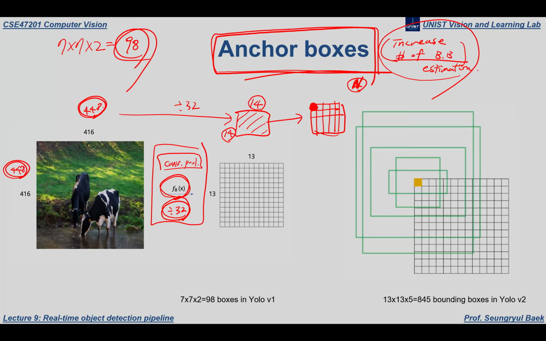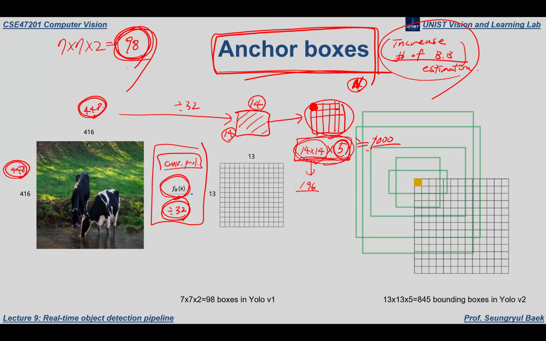But here there is a 14 by 14 dimensional 2D feature map, and they are estimating actually 5 bounding boxes for each pixel. So you can expect a much larger number. This 14 by 14 is already around 200, and by multiplying by 5 it is almost 1,000. Around 1,000 bounding boxes are estimated from the whole image.